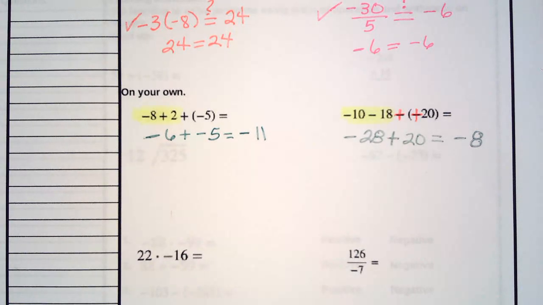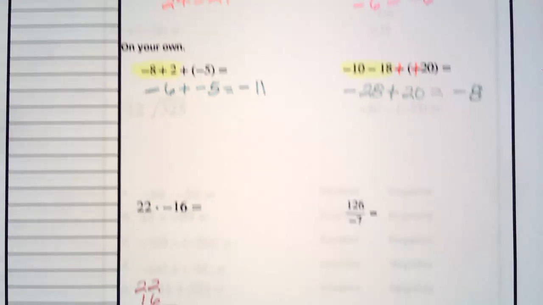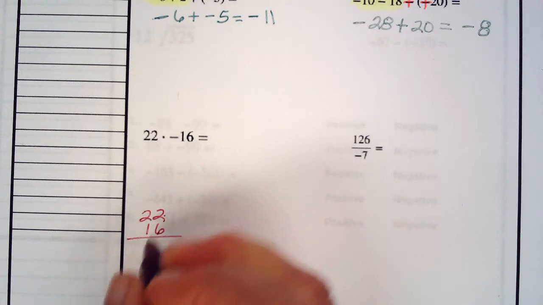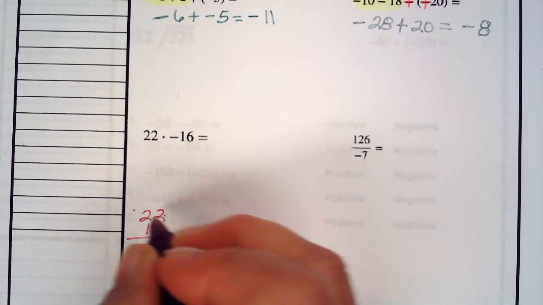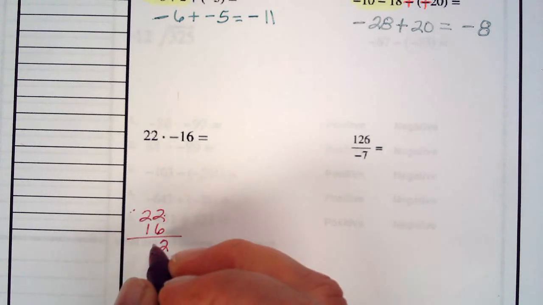Okay, multiplication. I'm not going to be able to do it this way, so I'm going to bring it here. I've got 22 times 16. I'm not going to worry about the symbol yet. 6 times 2 is 12. Carry that 1. 6 times 2 is 12. Carry that 1.